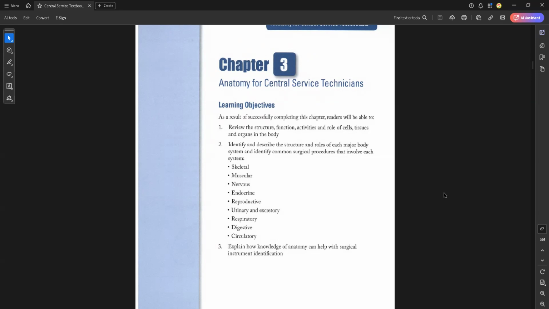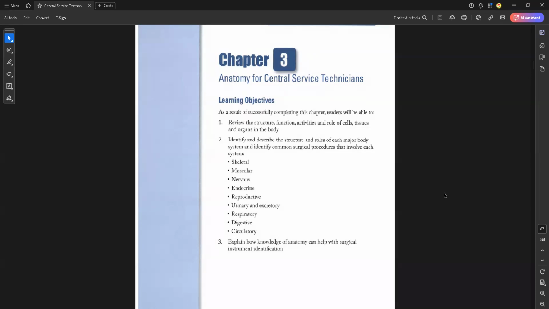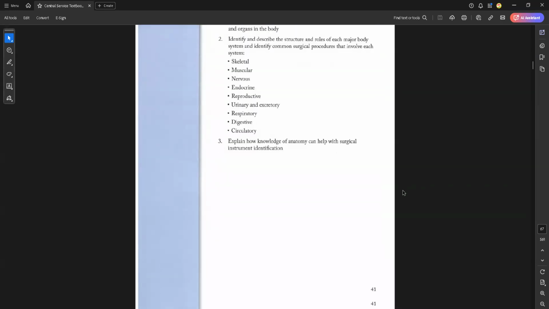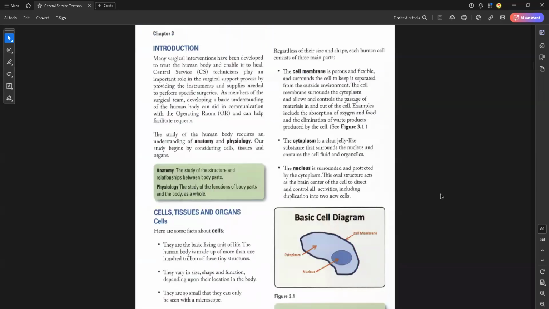Human beings are composed of more than 100 trillion cells, and the brain alone is more than 100 billion, and all these cells come into contact to form specific things, and that's what we are going to study.